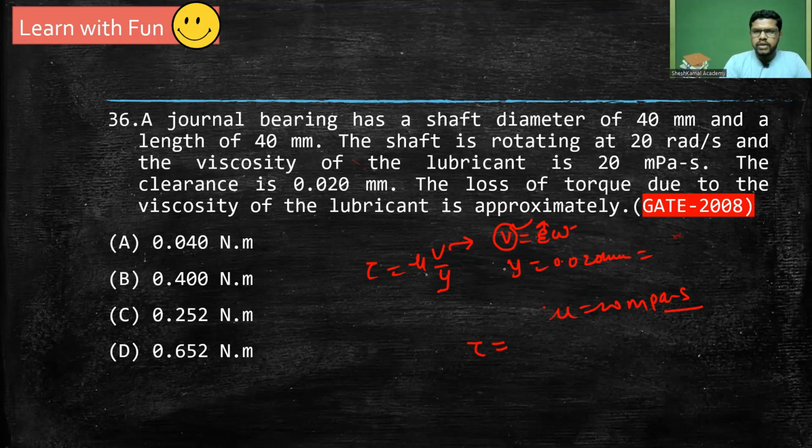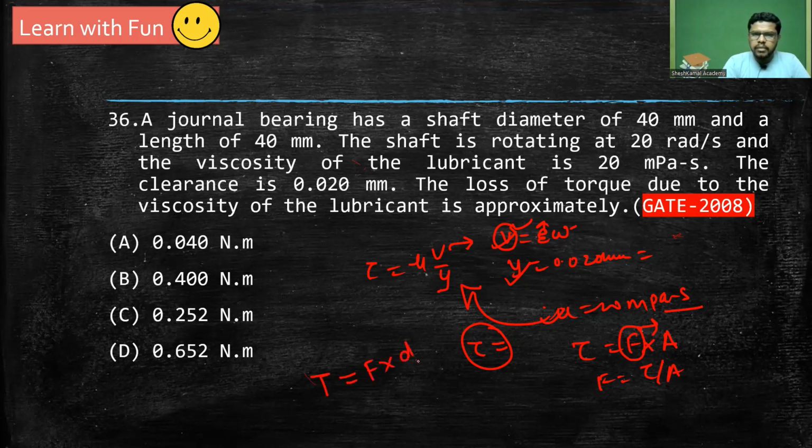So if you put all these values of V, Y and mu in this equation, you get tau. Force is nothing but tau into area, so from this equation you can find out the value of F. So F will become tau into A. We have to find out the torque. The formula of torque is T is equal to F into D by 2, where D is nothing but the shaft diameter.